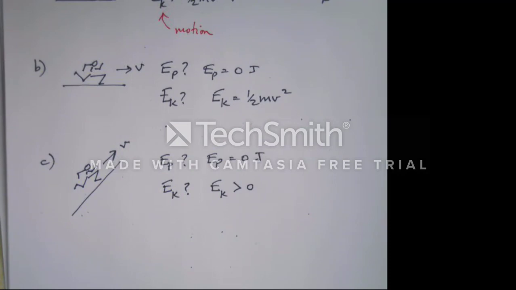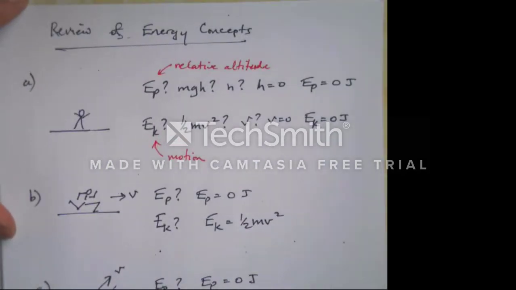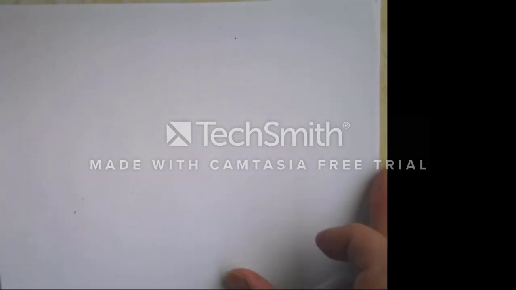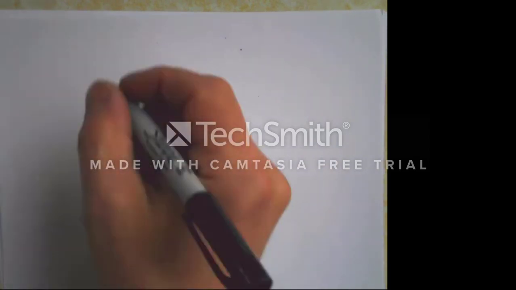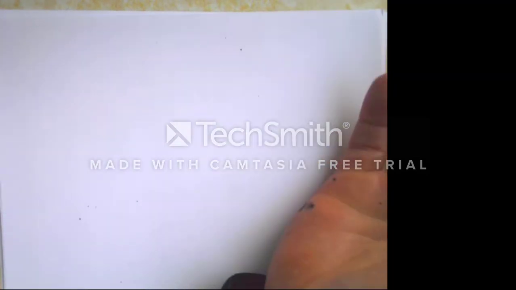Now we got to the point where we were looking at problems that had more than one location, and we started using concepts referred to as the conservation of energy principle. And the idea was that if we are comparing 2 points, we can compare the energy of those 2 points, and we can find out if some energy was added or lost.